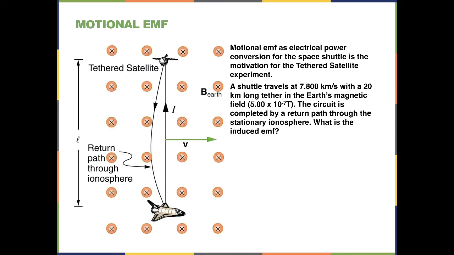If you do the calculation, between the slide and the book the magnetic field of the Earth is different: one says 10 to the minus 5, one says 10 to the minus 7. If you use the 10 to the minus 5 number, you get 7.8 times 10 to the 3, or 7,800 volts.